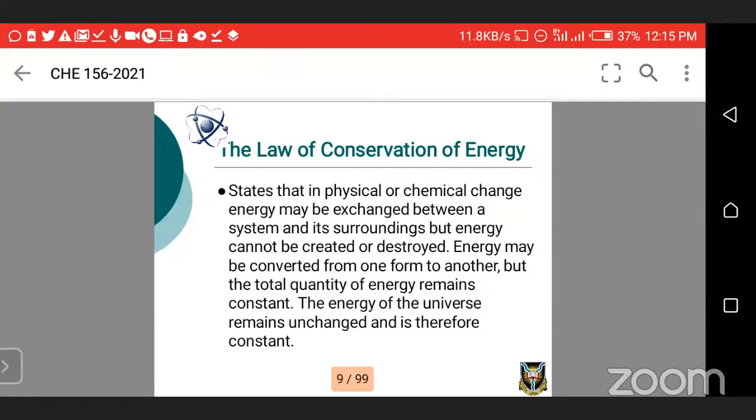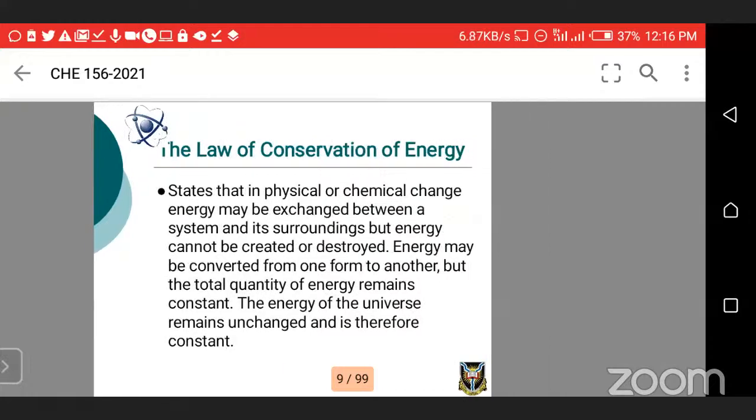Energy may be converted from one form to another, but the total quantity of energy remains constant. So the energy of the universe remains unchanged and is therefore constant. Like I told you, the total energy of an isolated system is constant. That's the law of conservation of energy.